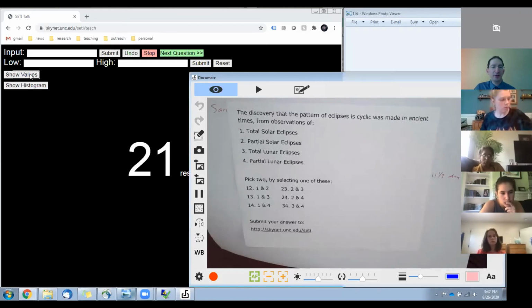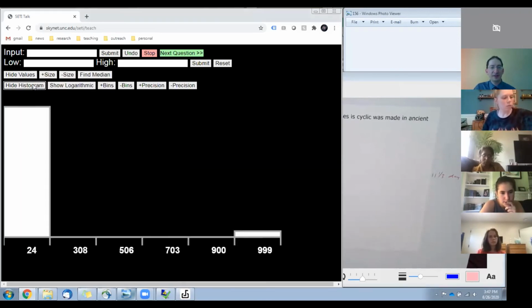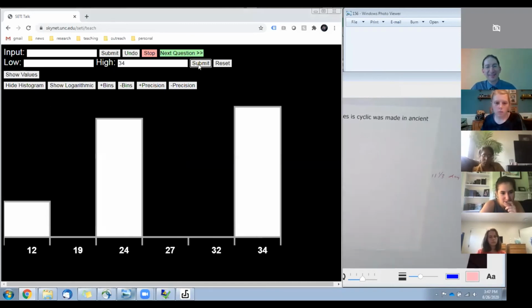Okay, let's see how we're doing. I still got the one answer there. Yeah, real close between 2-4 and 3-4. The answer is 3-4. The reason it's not the partial solars, although that hits a big chunk of the Earth, right? The total solars, it's a small spot. The partial solars, it's a big spot.